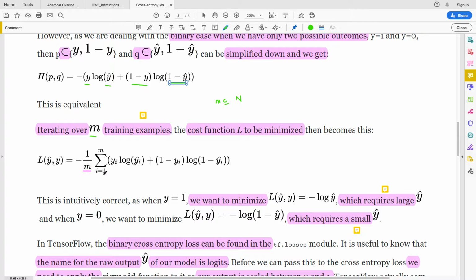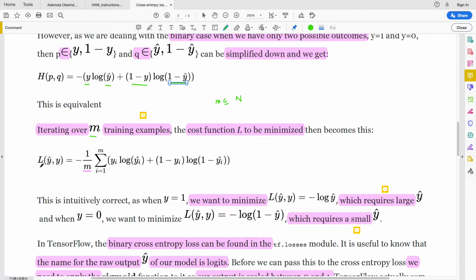For instance, your i starts from 1, you key in the ground truth here and the prediction here, and you get your number. You take i is 2, you key in the values, you get your number. Take i is 3 up to i is 10 in our example, then you have 10 numbers gotten by keying them into this equation. Then you add up all those numbers, divide by your M and make it negative. That will give you the average.